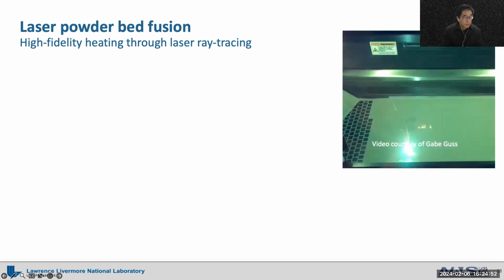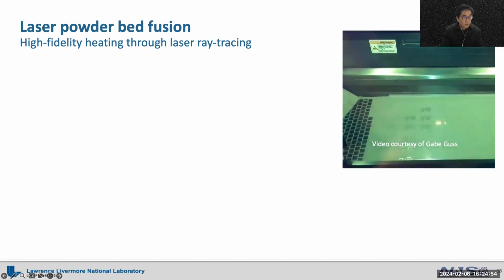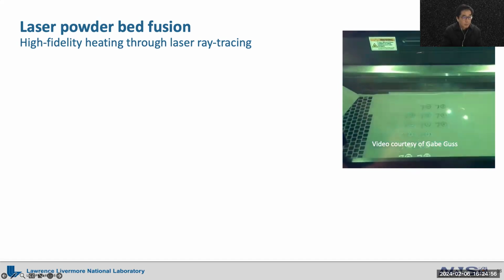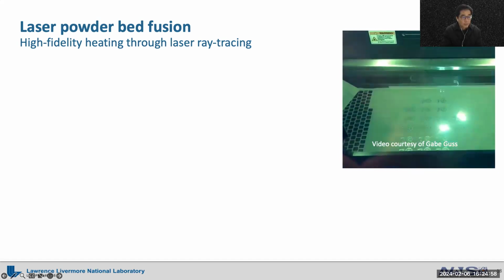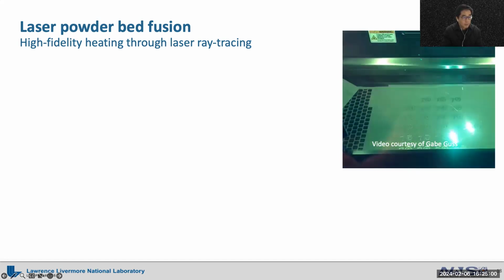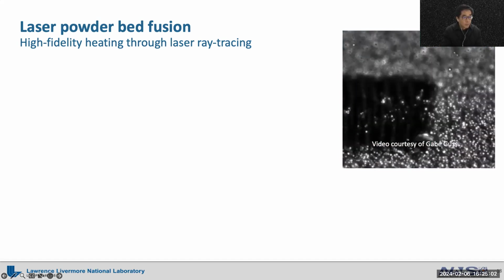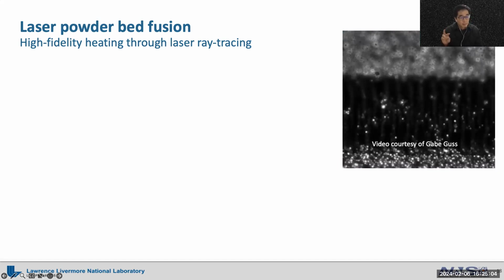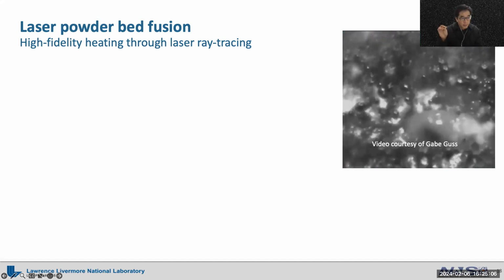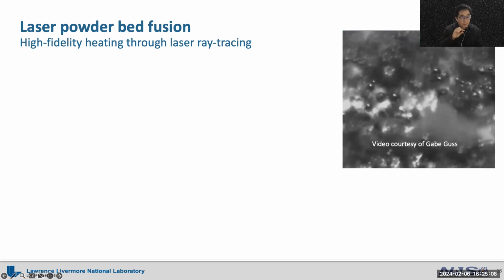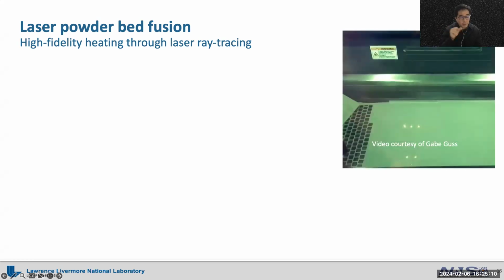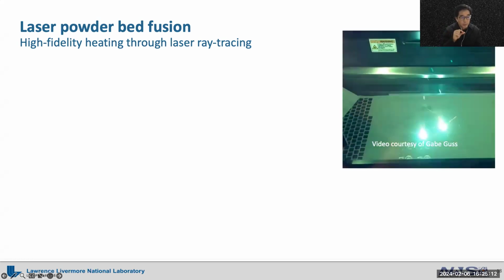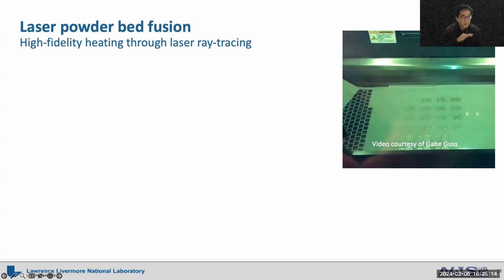But in order to understand the physical properties of what is really happening while the 3D printing process is being done, we have to come up with a very complex, delicate, multi-scale and multi-physics computational model.